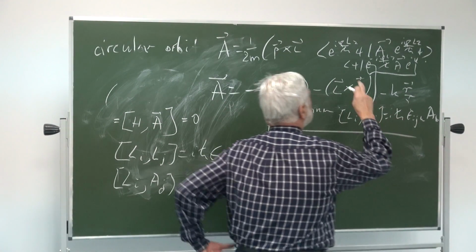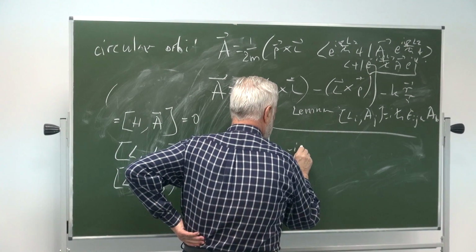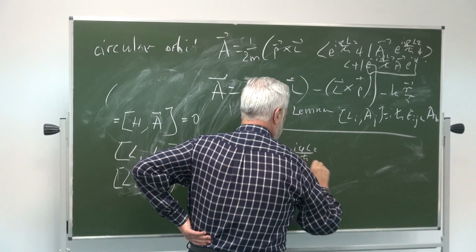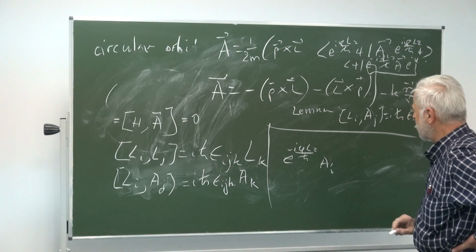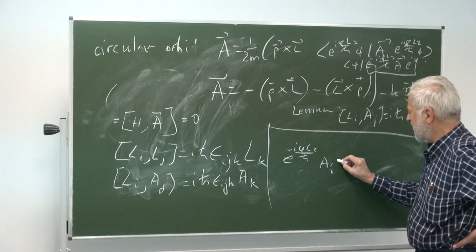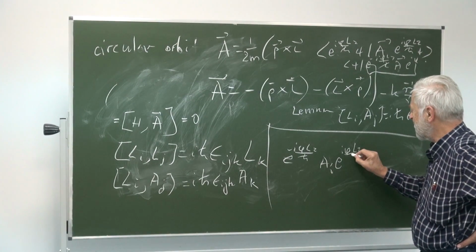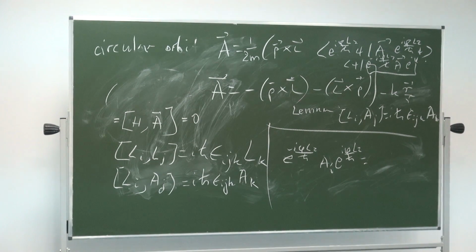So, I want to apply now this notion that e to minus i phi Lz over h bar, A, e to i phi Lz over h bar is a rotated A. And what is rotated A? Well, we know how to rotate vectors. I want to rotate around the z-axis.